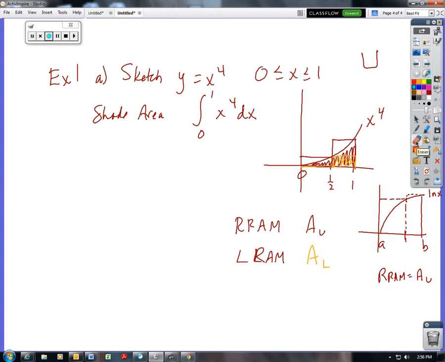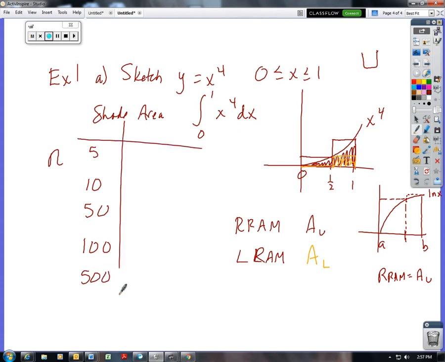Okay, well anyway, back to technology. So I'll show you that program on Monday, and then you can calculate when n is 5, 10, 50, 100, and 500, and then you will do A sub L and A sub U. So A sub U is going to be the RRAM on the program, and A sub L will be the LRAM.